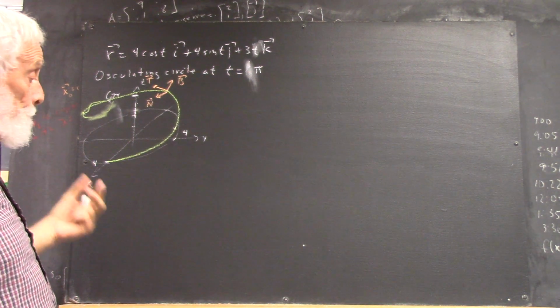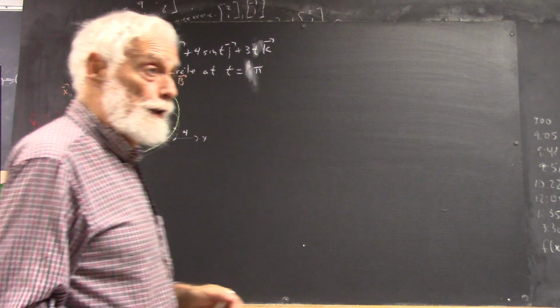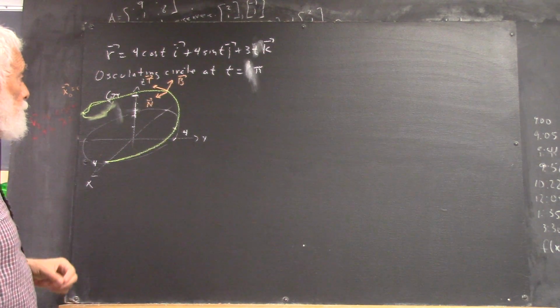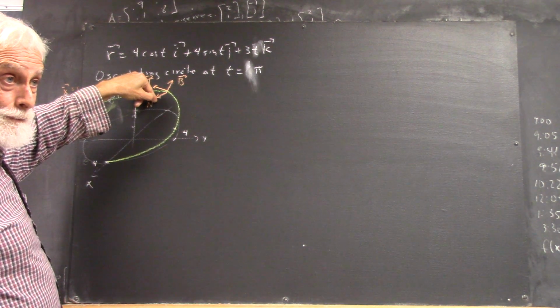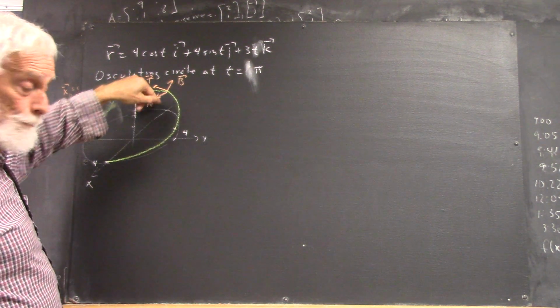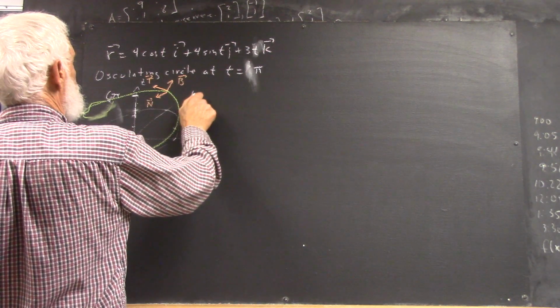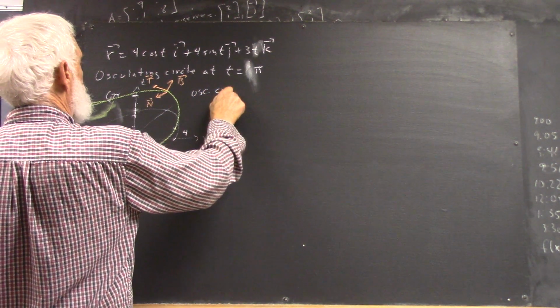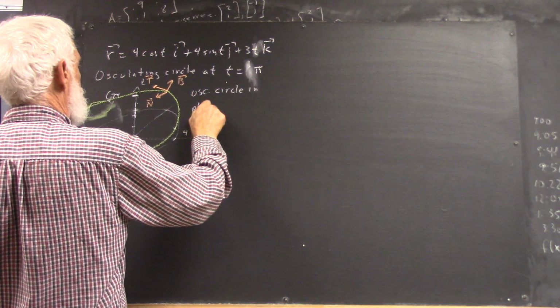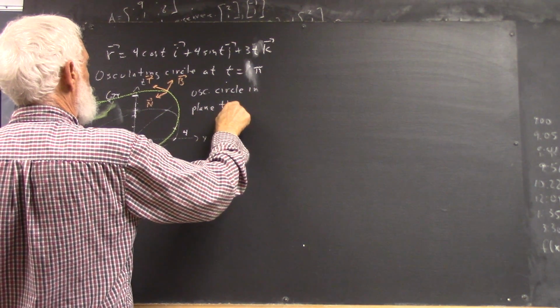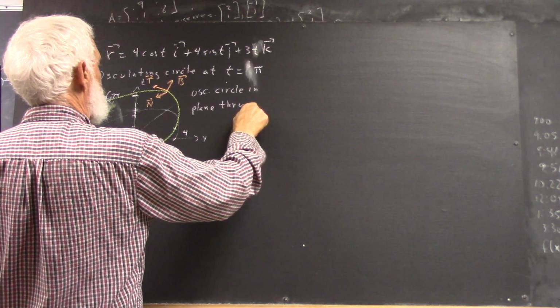Okay? And we want to work within that coordinate system because our osculating circle will be in the plane defined by T and N. Okay? So the osculating circle is in the plane through the point.